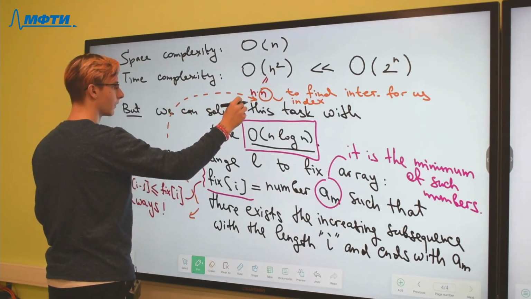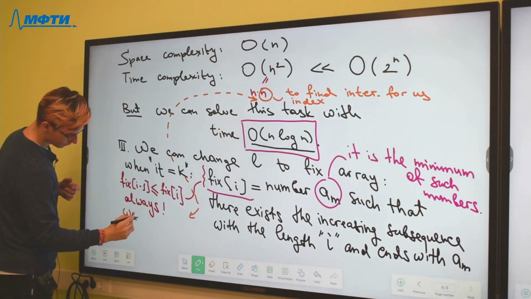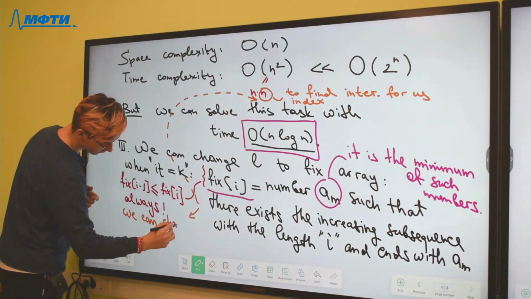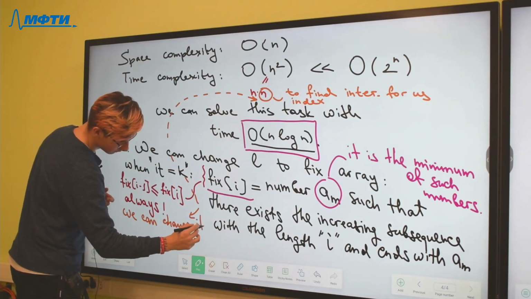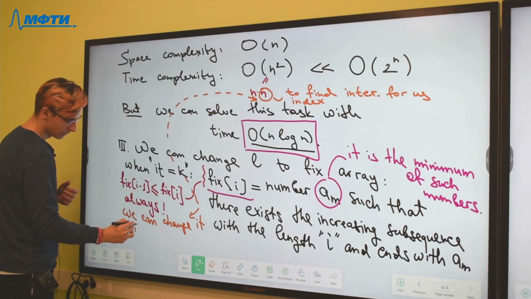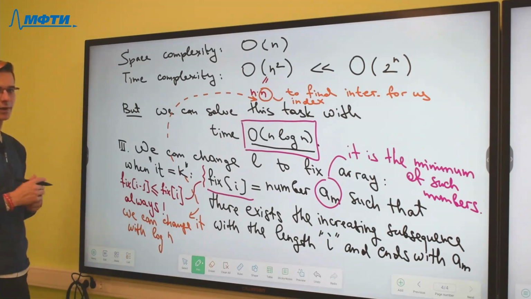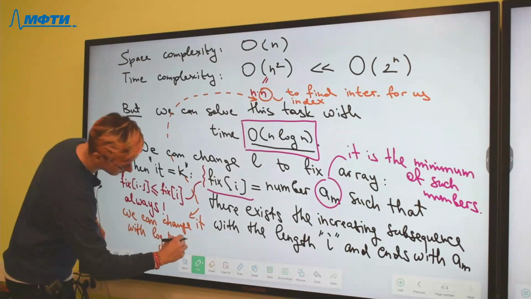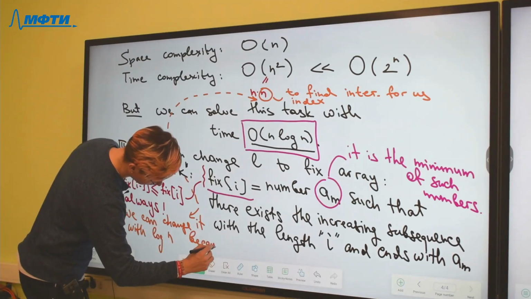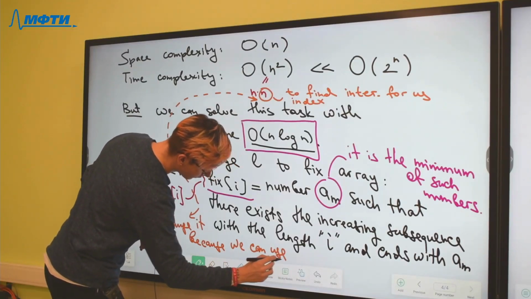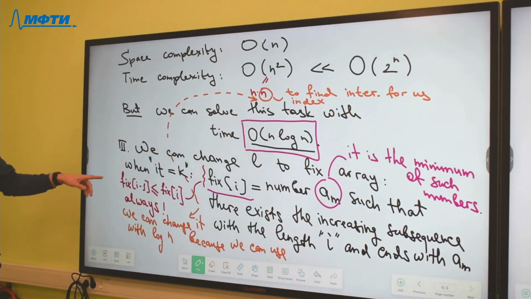We can change it with log of n, because we can use... what we can use to find a number in a sorted array.